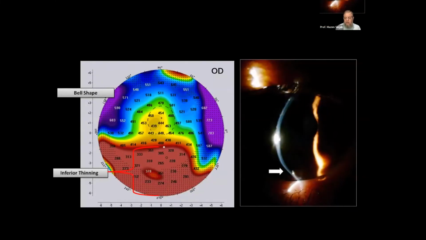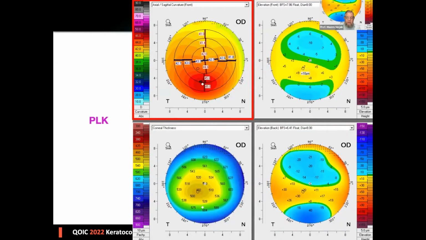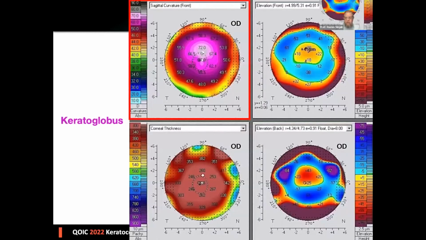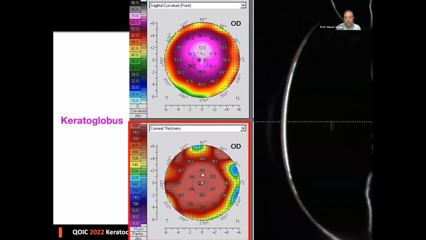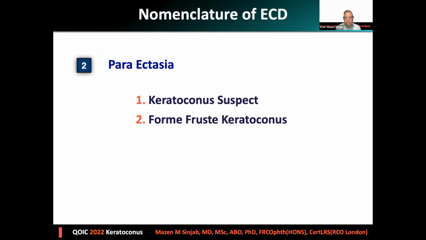The bell sign characterizes the inferior band thinning in the cornea, as in this case. We say it is pellucid-like keratoconus when there is the crab claw pattern, but there is no bell sign on the thickness map. We say it is keratoglobus when there is generalized steepening and generalized thinning extending to the limbus. The post-laser vision correction ectasia may mimic any of the previous entities.